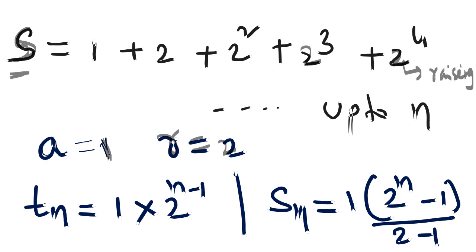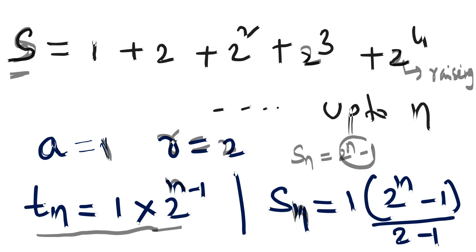Therefore, to find term n, directly use a into r to the power n minus 1 to find the last term of the sequence. And the sum to n will be 1 into 2 to the power n minus 1 by 2 minus 1, so the sum to n is 2 to the power n minus 1.